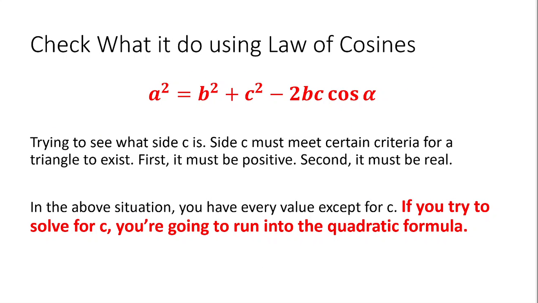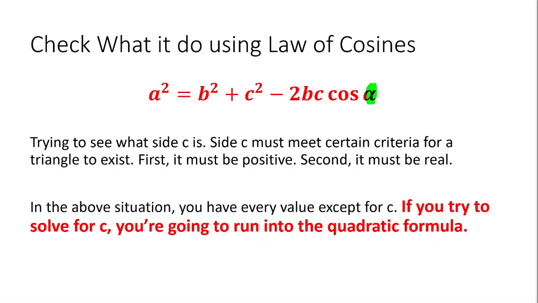Remember, the law of cosines is we're just going to use that standard form where the angle we're given is alpha. We're just calling it alpha. And the other two side lengths we have are going to be A and B. So we're going to be using this form of the law of cosines to solve for C. If we solve this equation for C, you're going to find that we run into the quadratic formula.